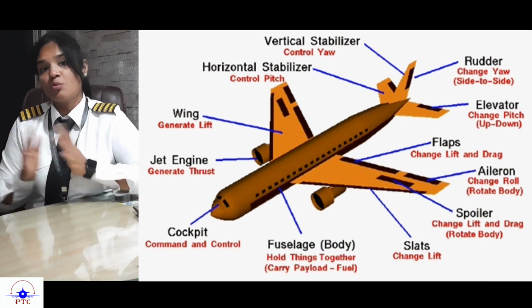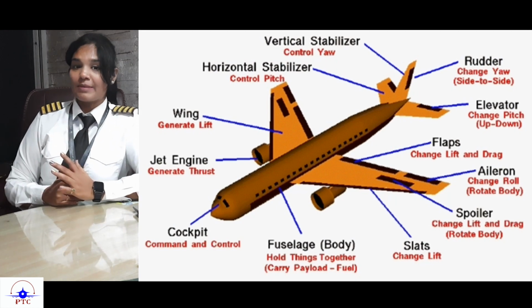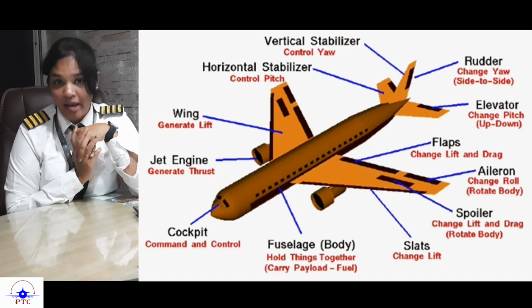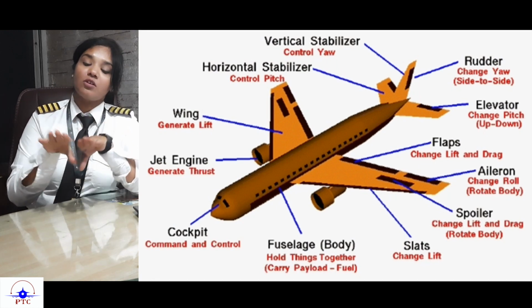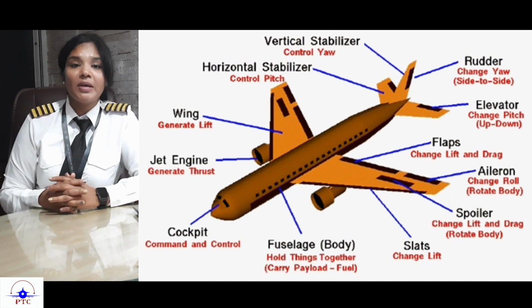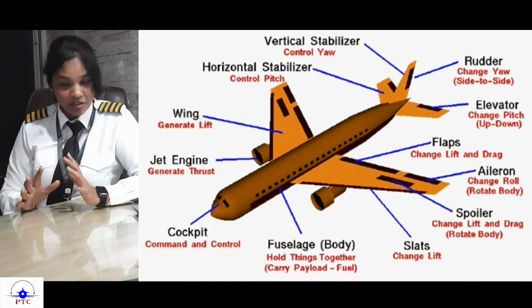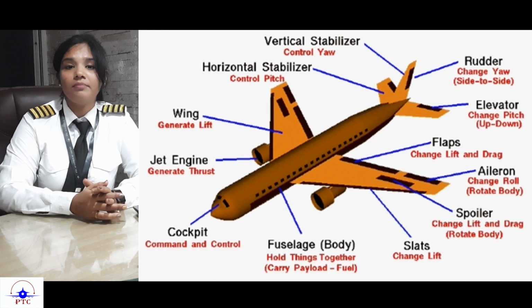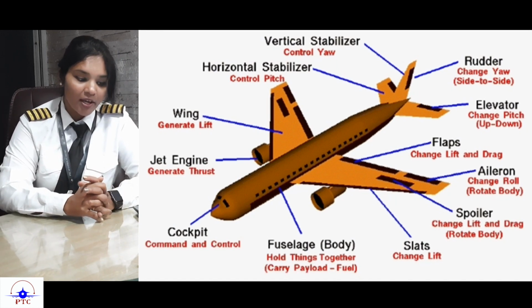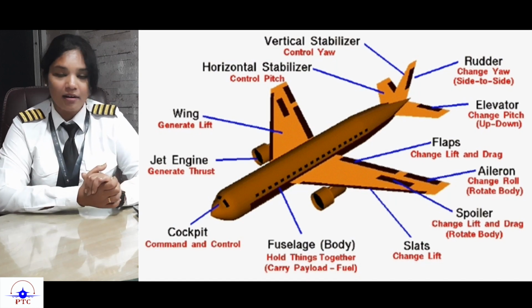Attached to the vertical stabilizer and horizontal stabilizer are two movable parts. Attached to the vertical stabilizer you have the rudder, and attached to the horizontal stabilizer you have elevators. So this is basically how the empennage is structured, and in coming parts of the video we will talk more about all these structures. Okay, so you understood the components of the aircraft, right?